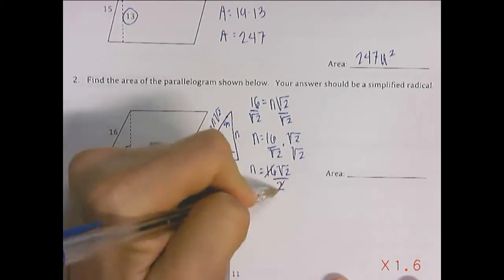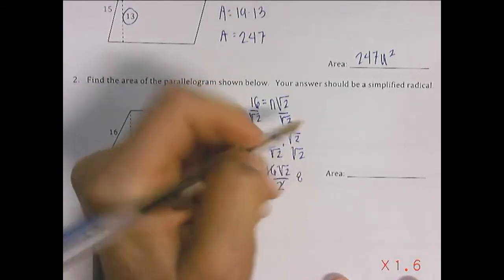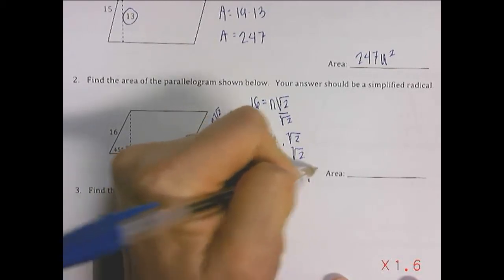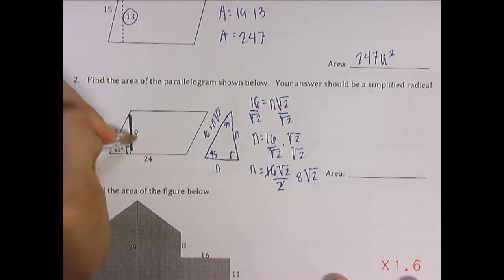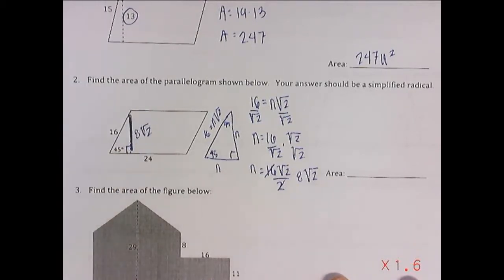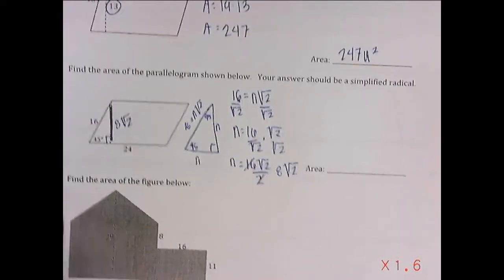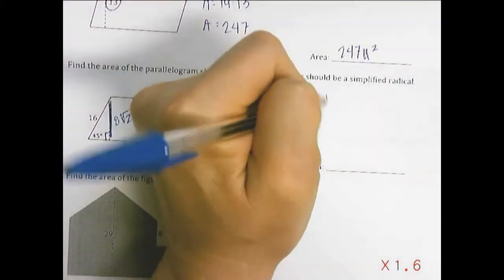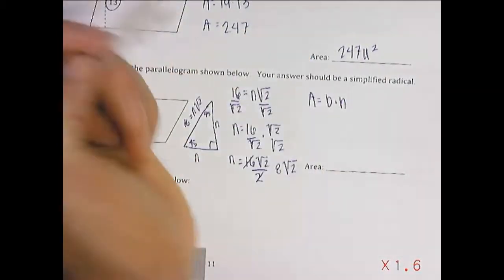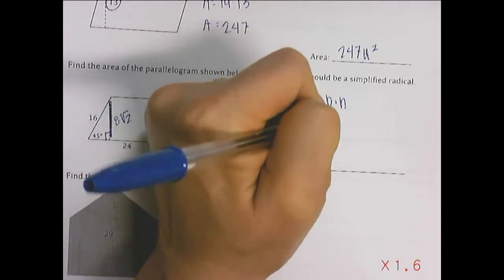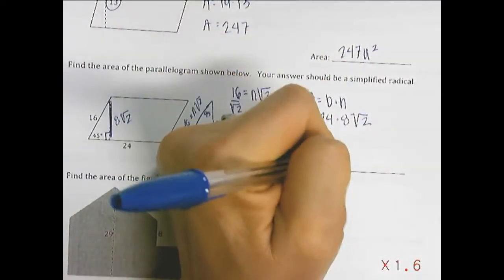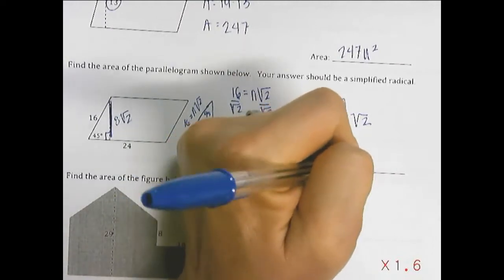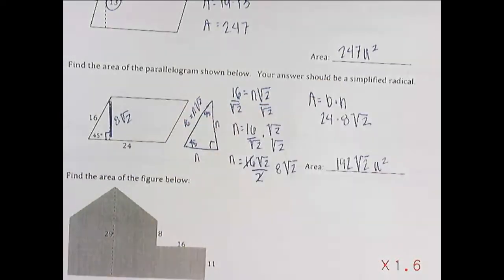Well, these simplify down to 8, so my new height would be 8 rad 2. So now I can take my base, area equals my base times my height, and my base was 24, and I will multiply that by 8 rad 2, and I will get 192 rad 2 units squared.